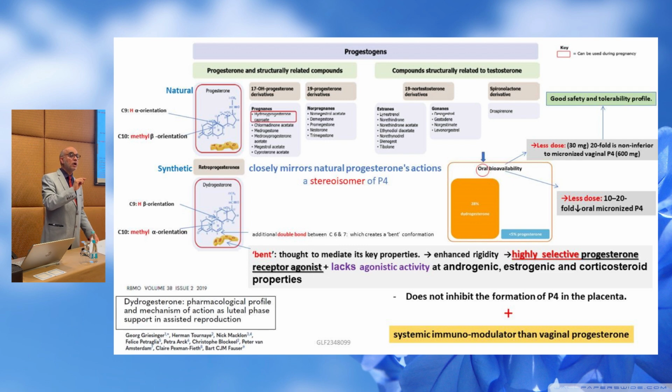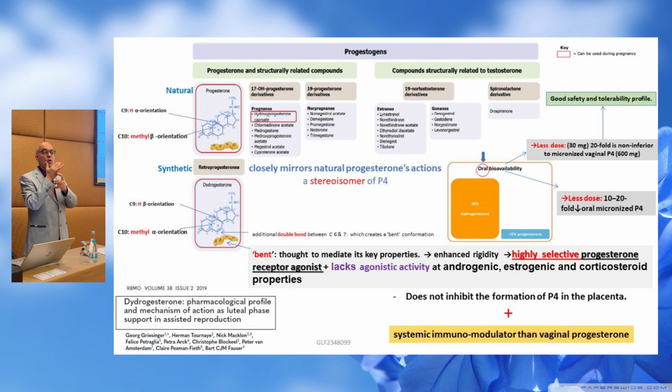And by this way, the dydrogesterone is highly specific, highly selective for progesterone receptors. Since it is highly selective, we need a small dose. If the drug is not selective, we have to give a high dose to reach the receptors. But it is very selective due to this bend, so we need a small dose of dydrogesterone.